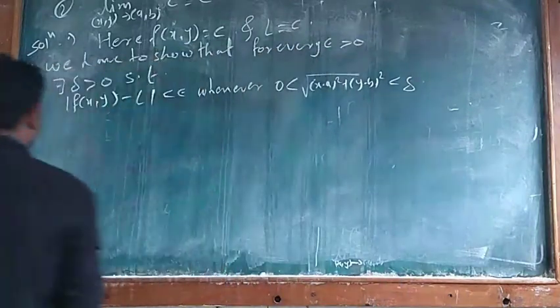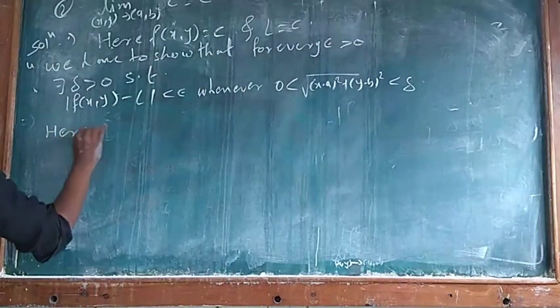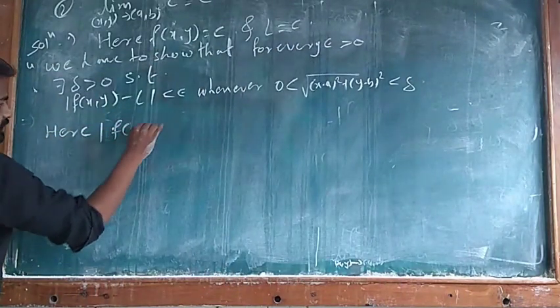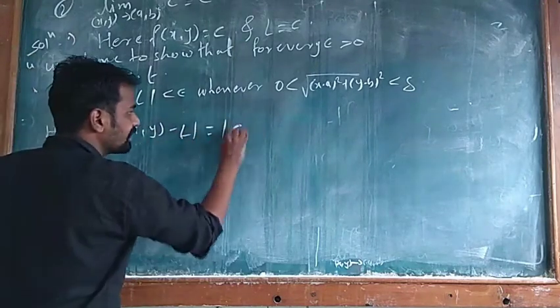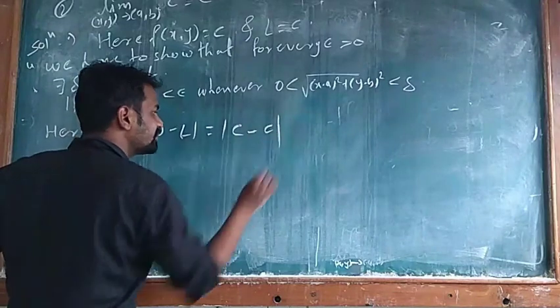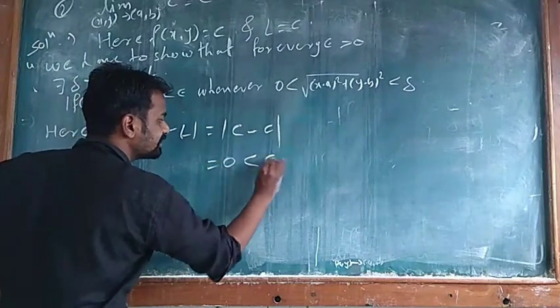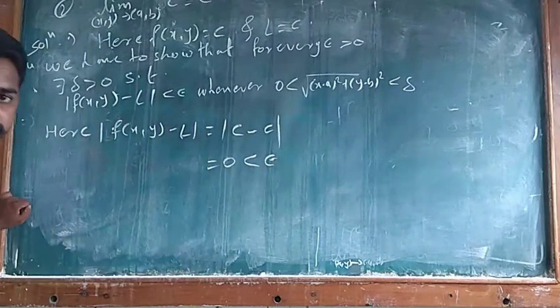But here mod of f of xy minus L is equal to mod of c minus c, which is 0, and this is always less than epsilon.